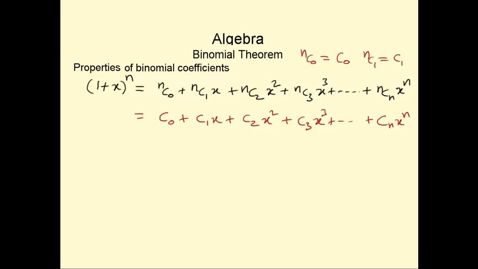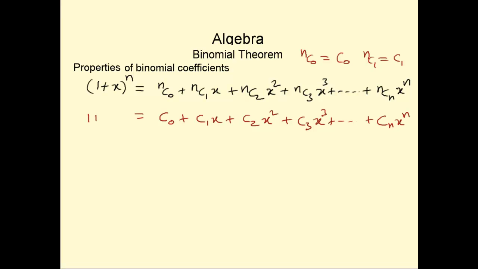So here the power of x is whatever the subscript on the C of the combination is, right? So here x^0 is 1, here x^1, and here x^2, and so on, here x^n.